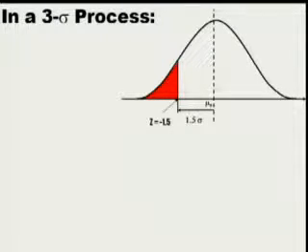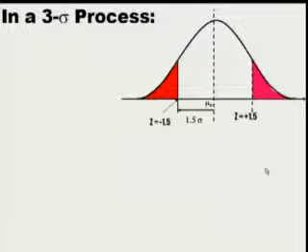Okay? In a 3 sigma process, for example, as we told you a minute ago, if you shift 1.5, suppose that you shift to the left, that means Z will be at minus 1.5. If you shift to the right, the Z here will be at plus 1.5.